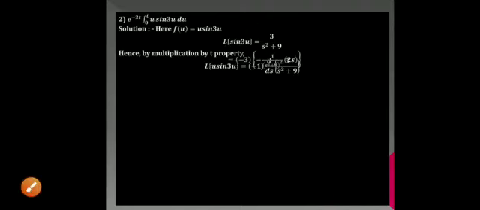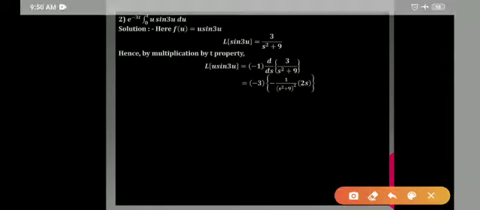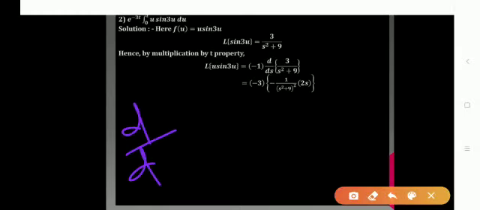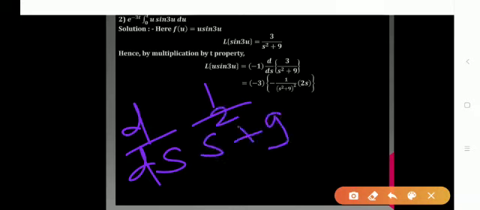Then minus 1 into 3, so minus 3 comes out of the derivative sign as it is a constant multiplier, and we have to just find the derivative of 1 upon s square plus 9 using the result for the derivative of 1 upon f of x. We have used this result in previous examples.